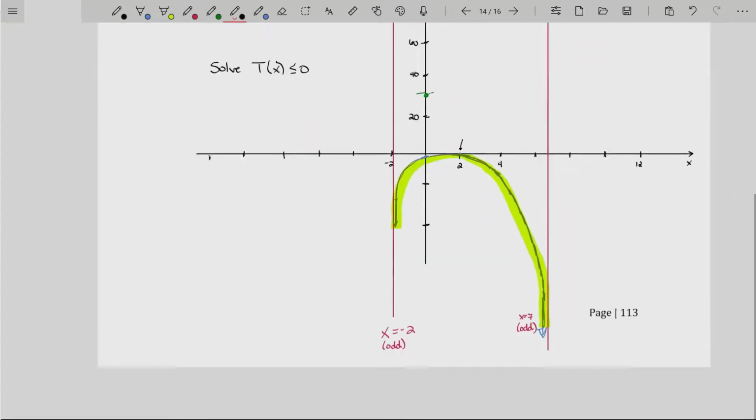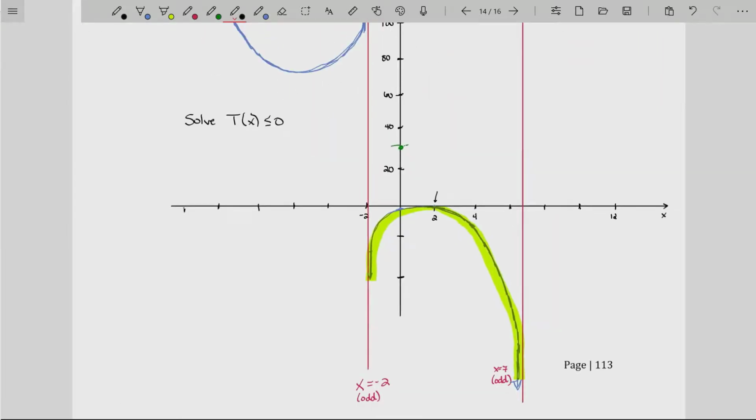But really from negative 2 to 7. All x values between negative 2 and 7, not including the edges because those are vertical asymptotes. So between negative 2 and 7, you have a solution to that inequality, t of x being less than or equal to 0. Very fast to solve rational inequalities once you know how to graph a rational function.